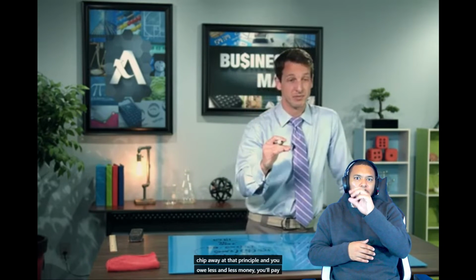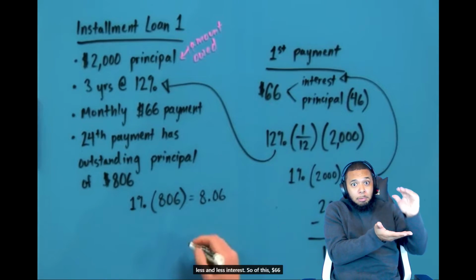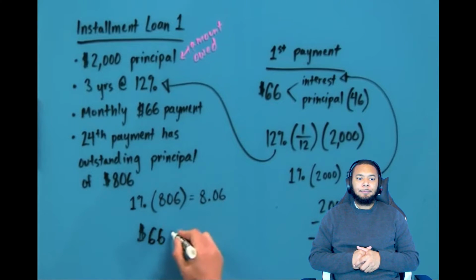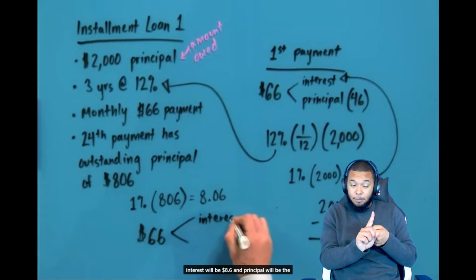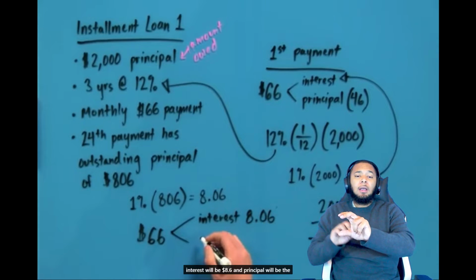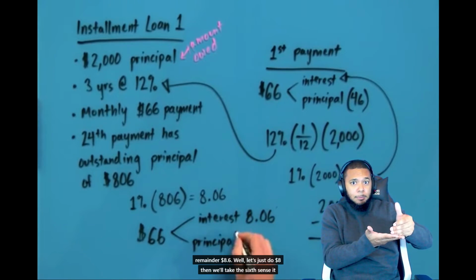Super cool. As you chip away at that principal and you owe less and less money, you'll pay less and less interest. So of this $66, interest will be $8.06, and principal will be the remainder.